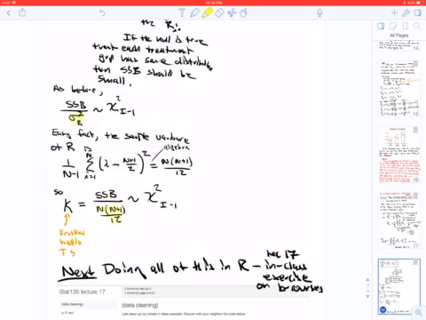The problem is that we don't know what sigma squared R is, but it's not difficult to calculate the sample variance of the ranks. So the sample variance of the ranks is, we have capital N ranks, so it's 1 over N minus 1 sum, and then each of the ranks from 1 to capital N, and then we subtract off the average rank.